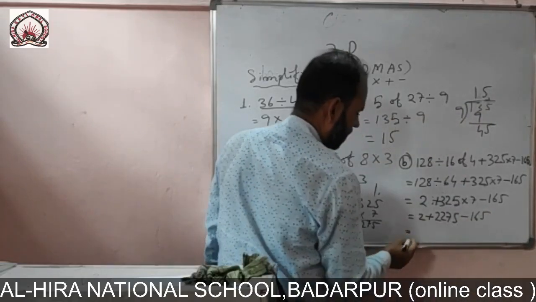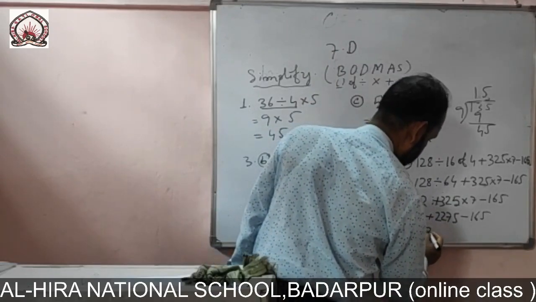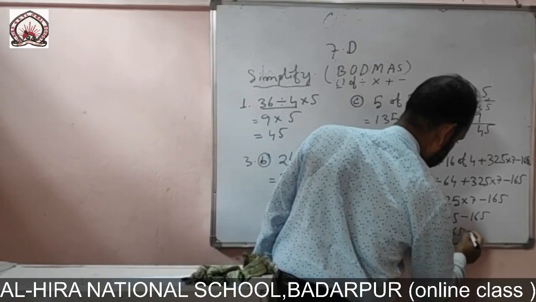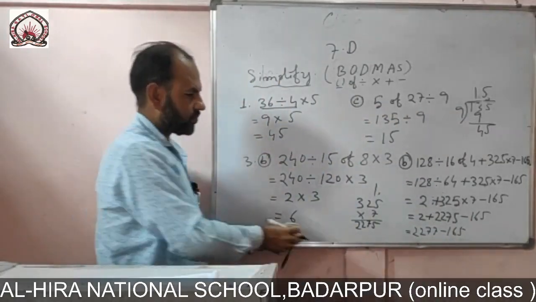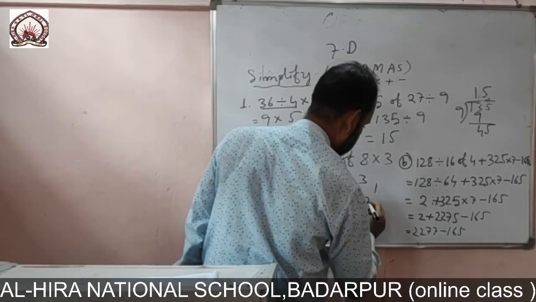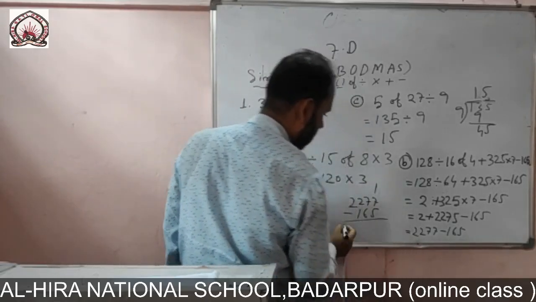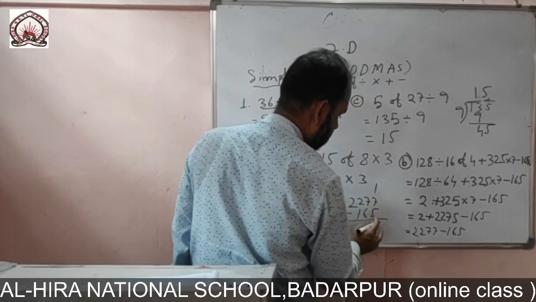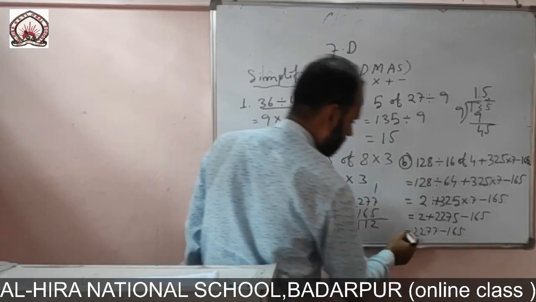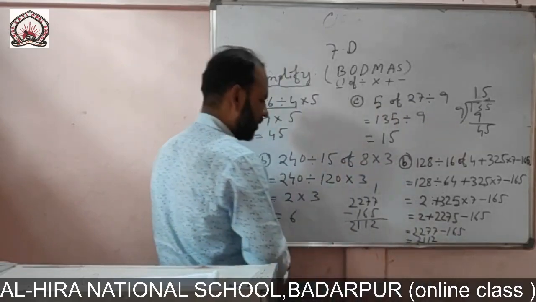Now plus 2, then it is 2277 minus 165. Now we do minus. 7 minus 5 is equal to 2, so answer is 2112.